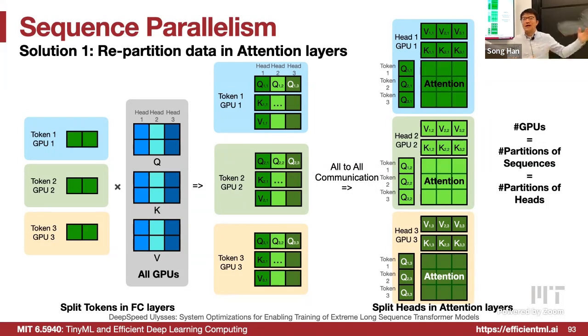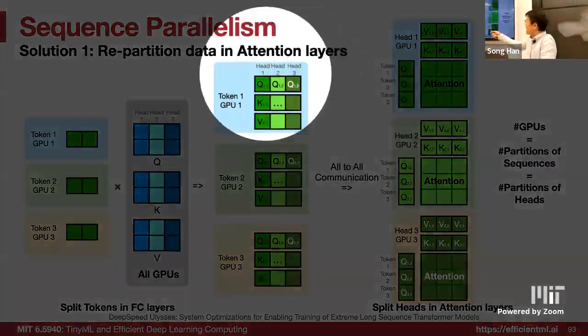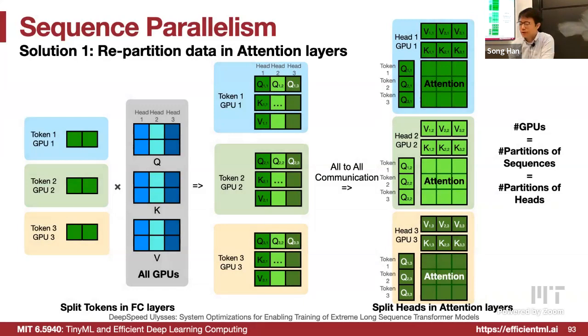For the sequence, you can have a limited number of segments, but for the heads, you have a limited number of heads: 32 heads, 16 heads, 8 heads. The max amount of parallelism is limited by the number of attention heads in the model, which is a fixed number after the model is trained.